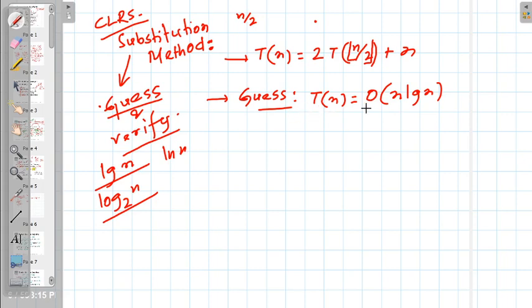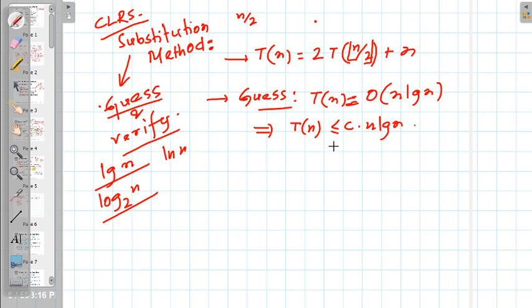So if this is the guess, then by the definition of big O notation, we have to prove that T(n) ≤ C times n log n. We have seen that f(n) ≤ C times n log n means f(n) = O(n log n).